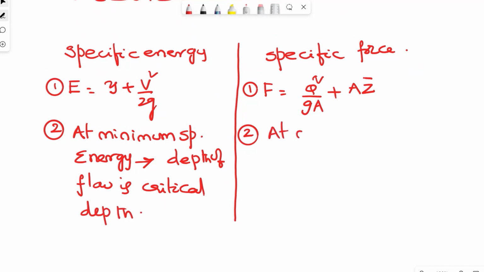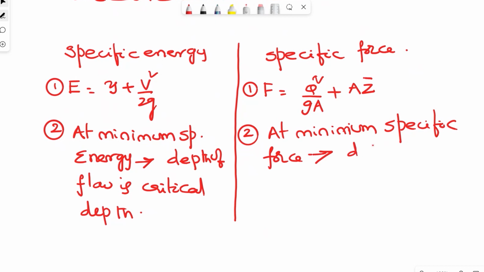Similarly, at minimum specific force, the depth of flow is critical depth.